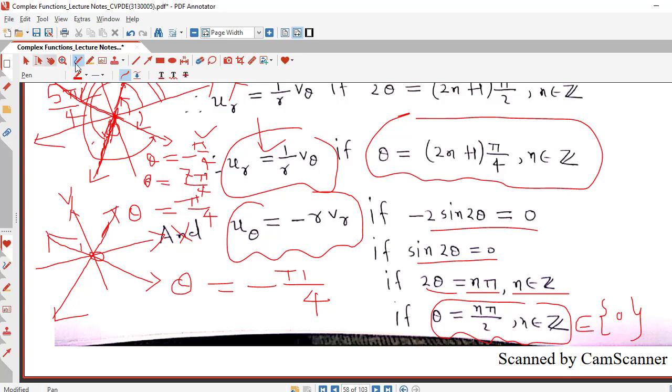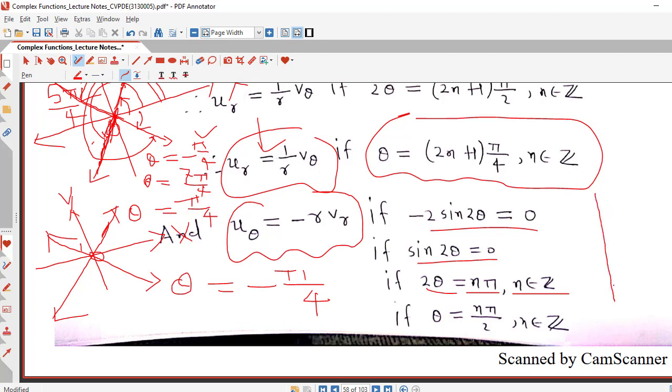That is also fine, θ equal to 0 is allowed. If n is 0, θ equal to 0 means we are on the positive x-axis.